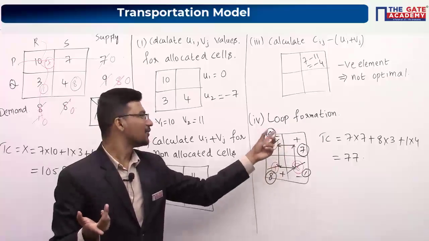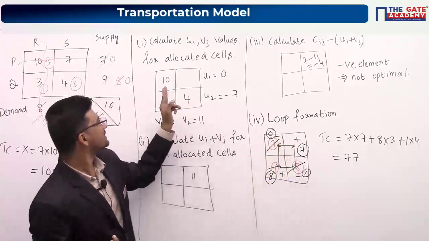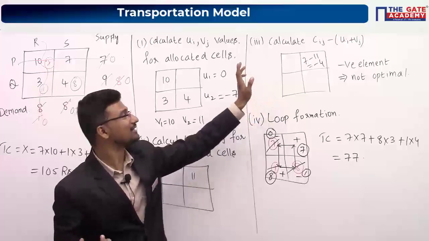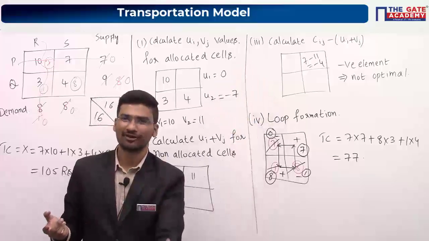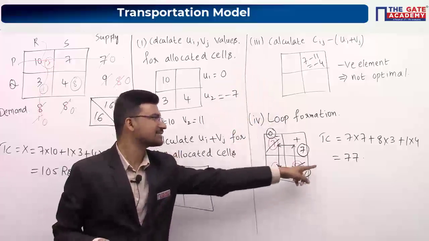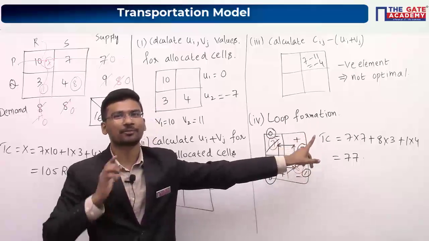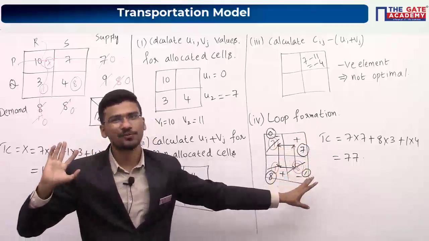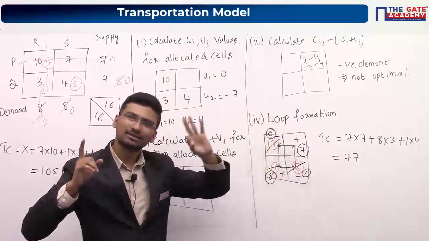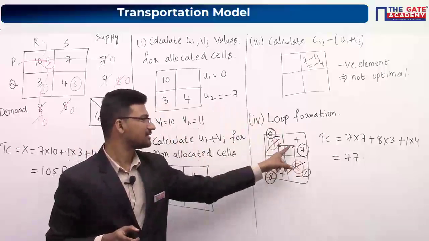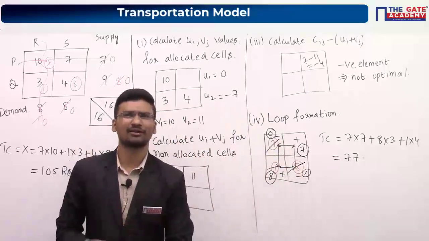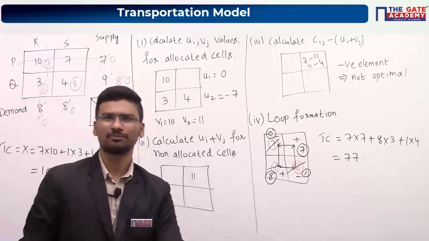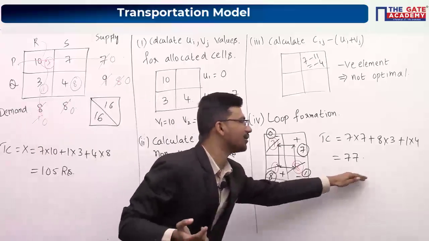So with these new allocations, you have to repeat steps 1, 2, 3, and if in the third step you are not getting any negative value, then we can say this is the optimal solution. So this optimal solution is your y value. So repeat the 3 steps again for these new allocations and check whether it is optimal or not. Please reply whether this is optimal or not.